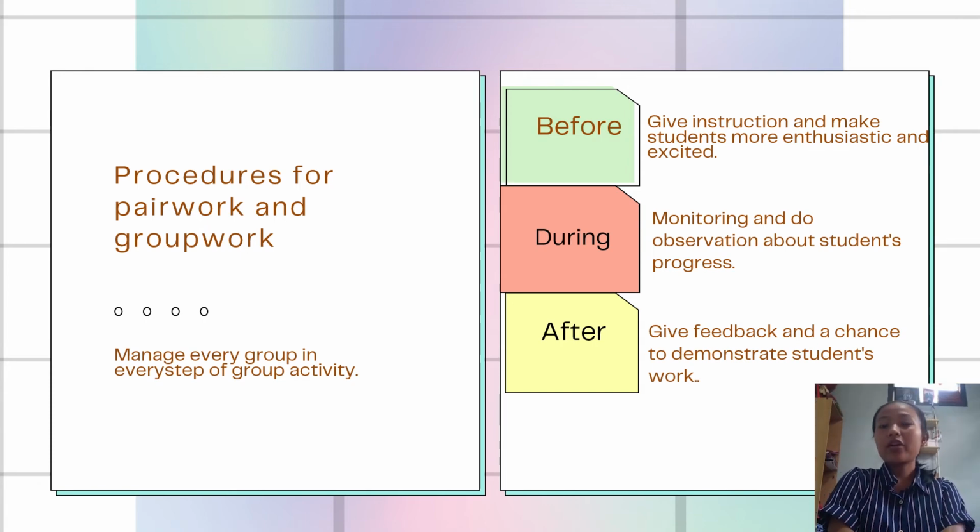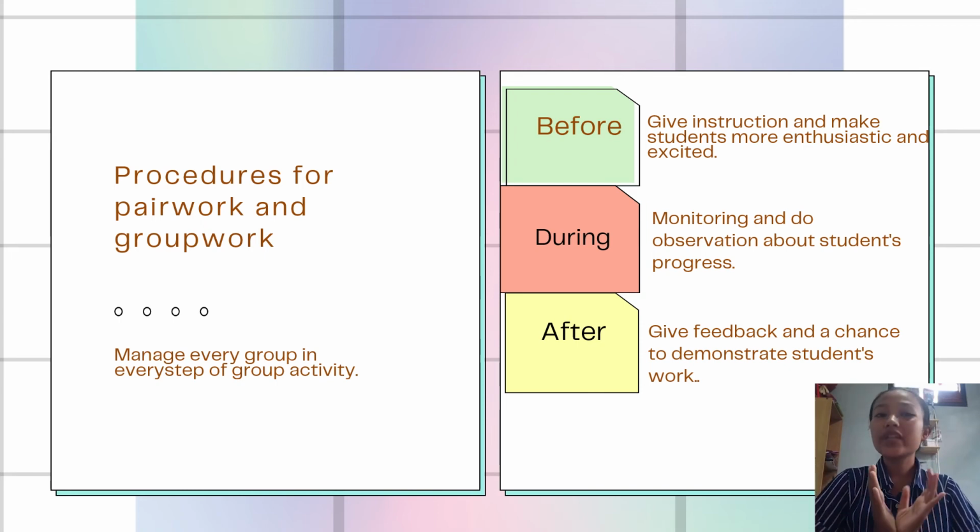Before we give the task to groups of students, we might give them instruction to make them more enthusiastic and excited. We have to give them an idea of how they should work together and when they should complete their tasks. The success of a pair work or group work task is often helped by giving students a time when the activity should finish and then sticking to it.